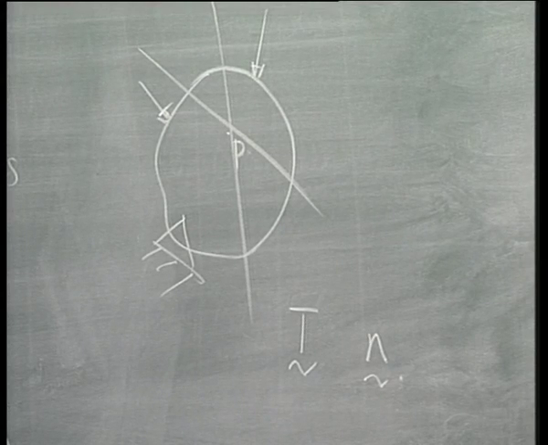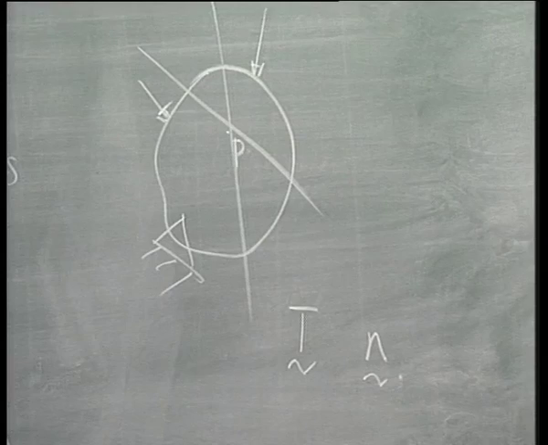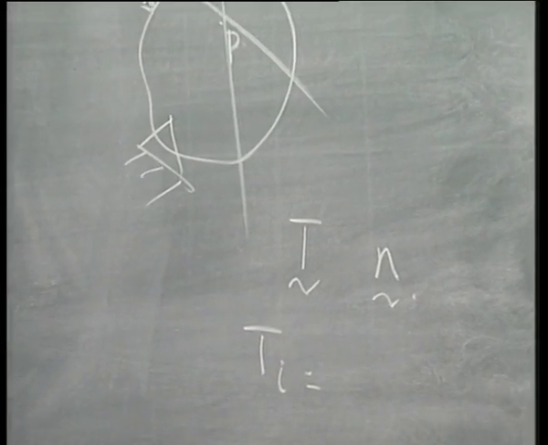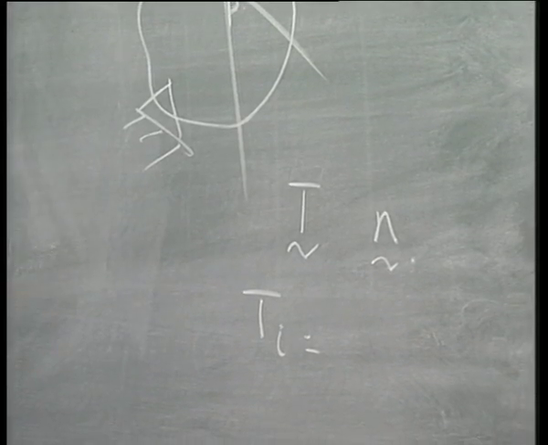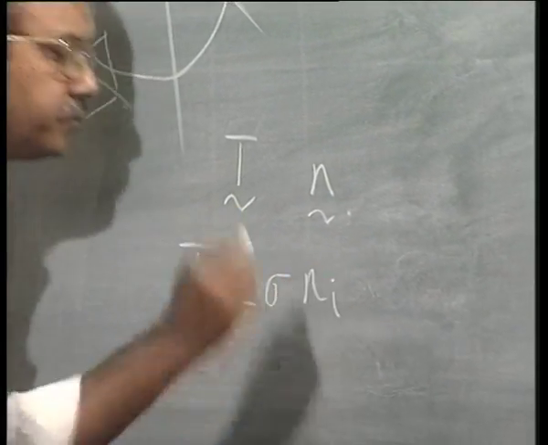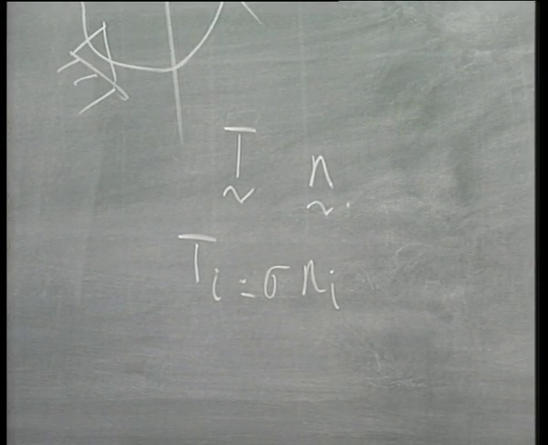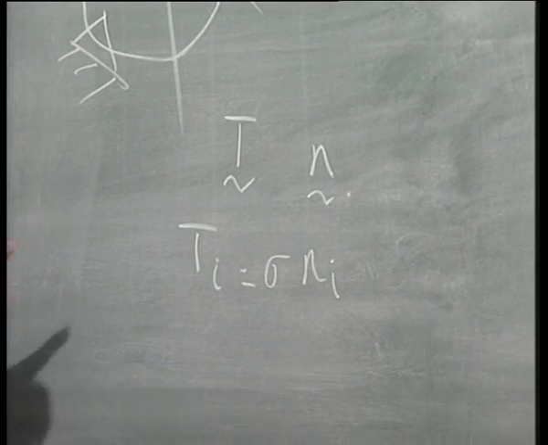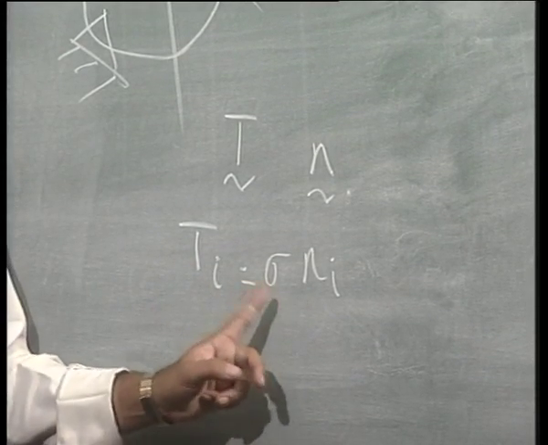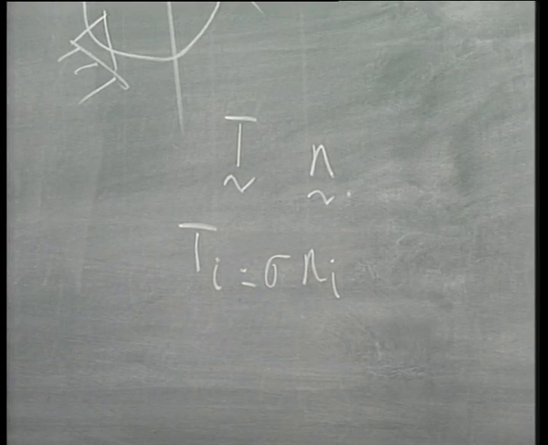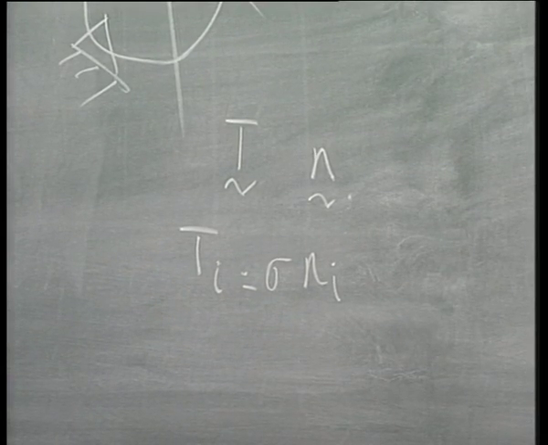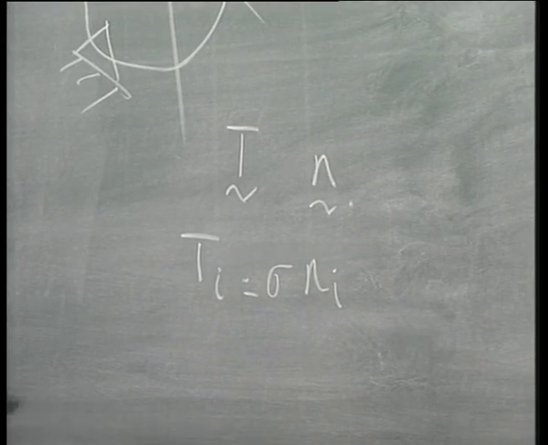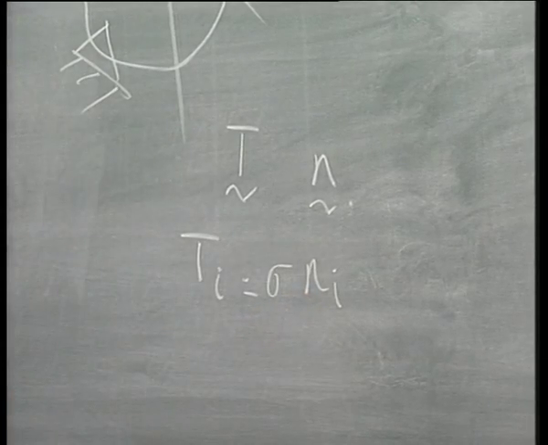How do I write this mathematically? I write it by saying that Ti is equal to sigma ni. Ti is equal to sigma ni. In other words, this sigma is the magnitude of the stress vector which is totally normal to a plane whose normals are defined by these n's here.